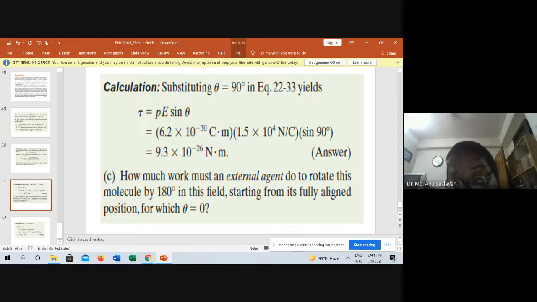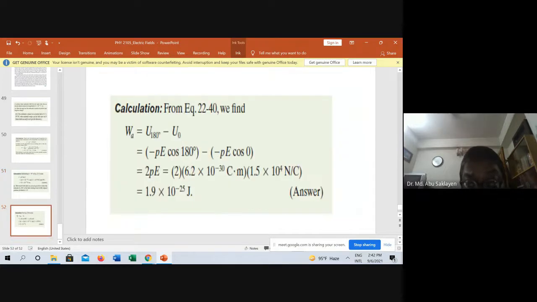Starting from theta equal to 0, meaning it was aligned to the electric field, so you have to rotate it 180 degrees. So what will be the maximum work done you need? That means 180 degrees minus 0 degrees.